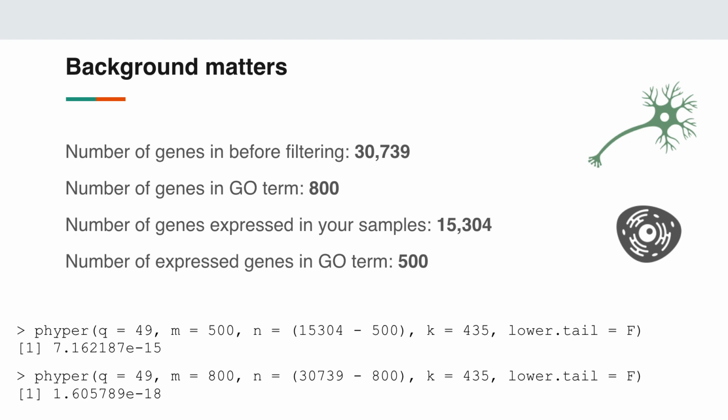If you run it with the numbers for the filtered gene list, which we did before, which is the proper background to detect any changes that happened due to your experimental conditions, as opposed to using the incorrect background of the full universe of genes, which completely changes your probabilities and will give you an inflated p-value telling you that it's more unlikely that you've obtained this 50 gene overlap, but it's just artificially inflating that due to your larger background.